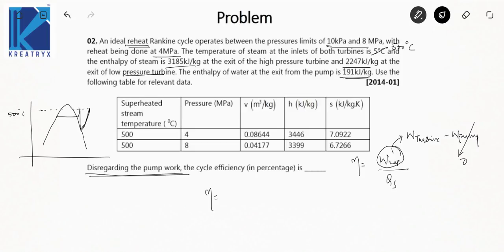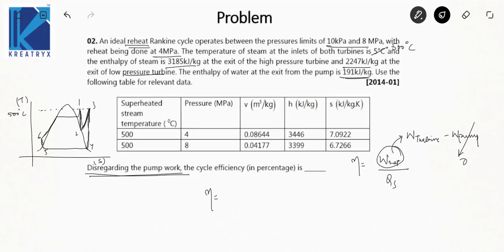This is T, this is S. Something like this. Okay, 1, 2, 3, 4, 5, 6. So 1 to 2 steam expands in the high pressure turbine, 2 to 3 is reheating, 3 to 4 is the steam expands in the low pressure turbine.